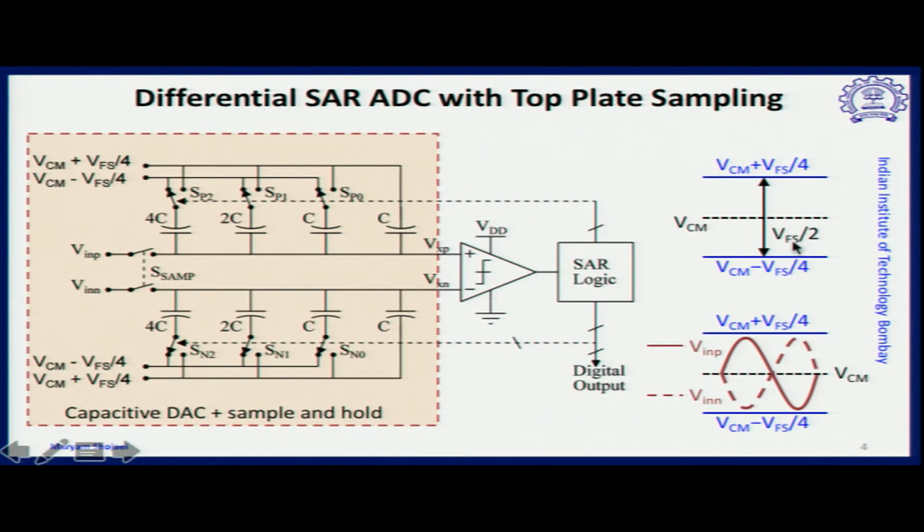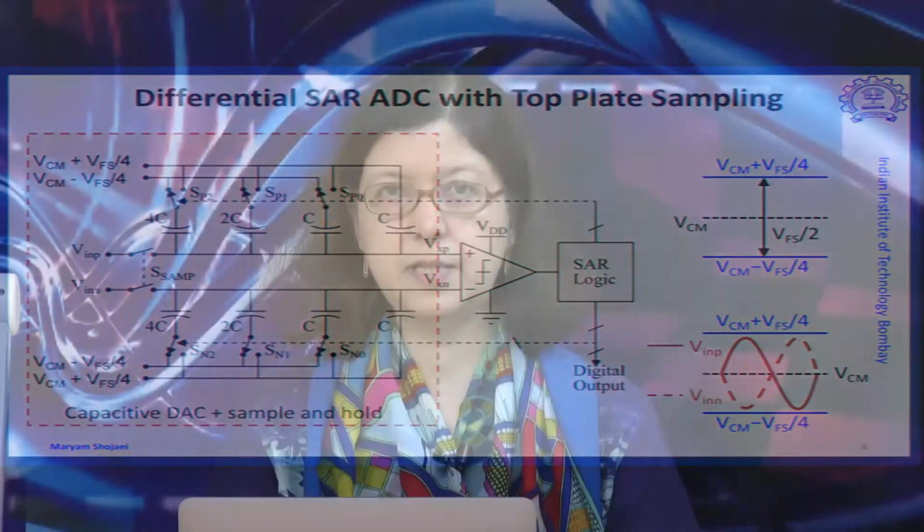Therefore, the actual single-ended switching is V full scale by 2 full range. And when it gets converted to differential, it becomes V full scale. Here, what we mean by V full scale is the full scale range of the ADC for differential operation.